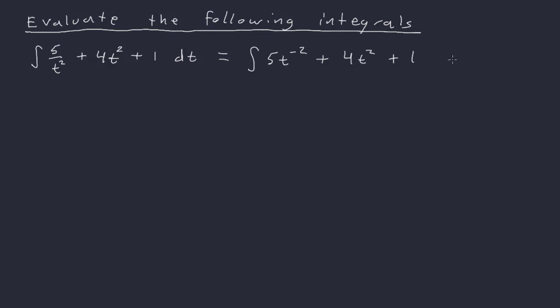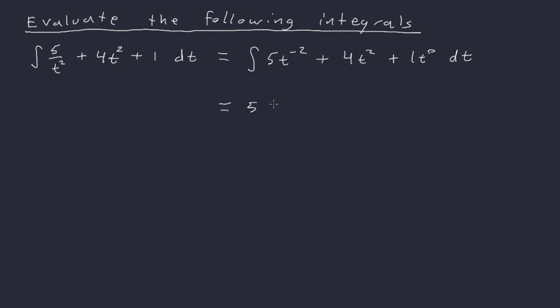Now, we didn't really talk about the integral of a constant, but you can always think of a constant as 1 times t to the 0. And hopefully that will get you to where this should be, because now it's just power rules.